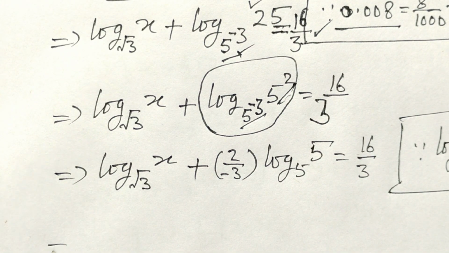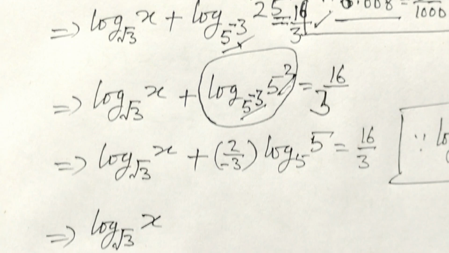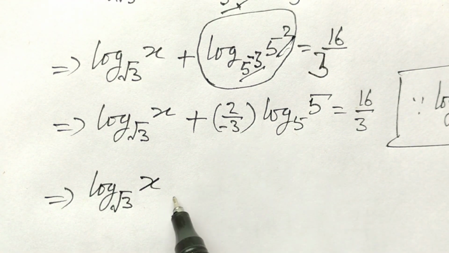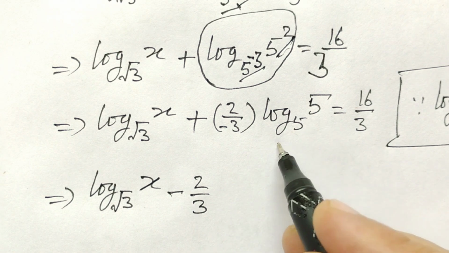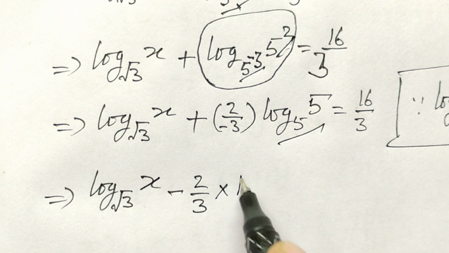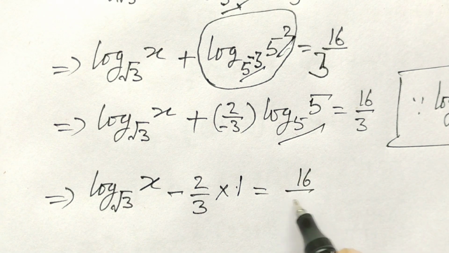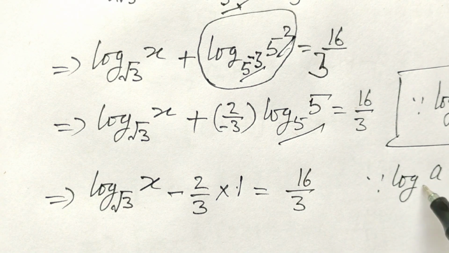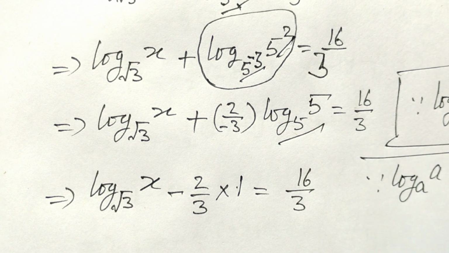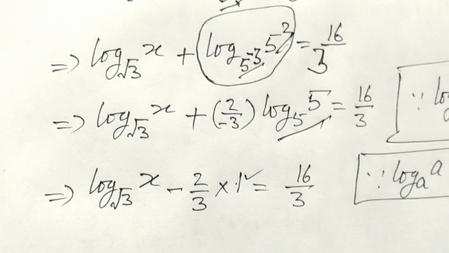Now in the next step, log of x to the base square root of 3, and this will be minus 2 over 3, and this is equal to 1, is equal to 16 over 3, because log of a to the base a is equal to 1. So this value is equal to 1, right?